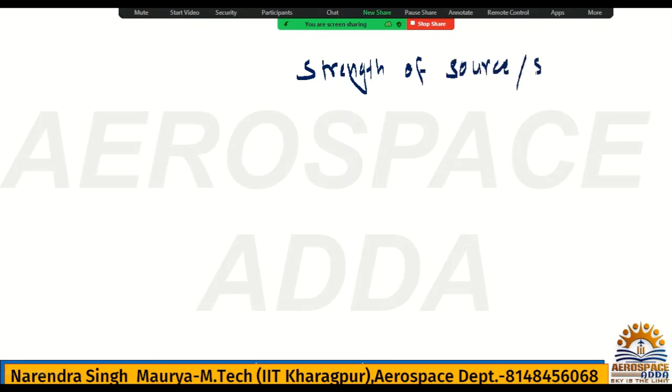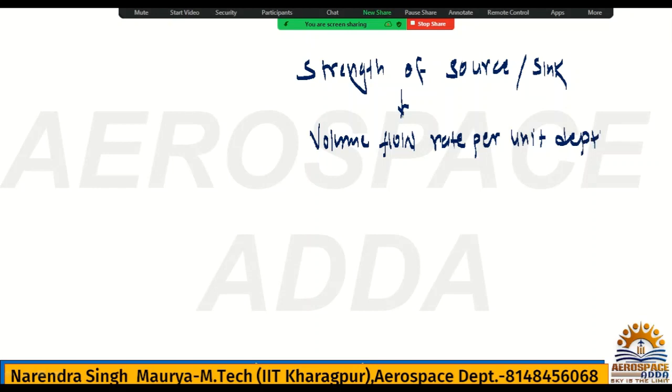The strength of source or sink, both I am talking. It is nothing but volume flow rate per unit depth, called strength of source.